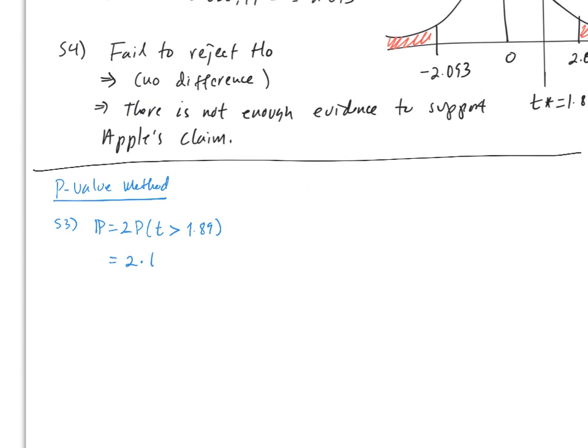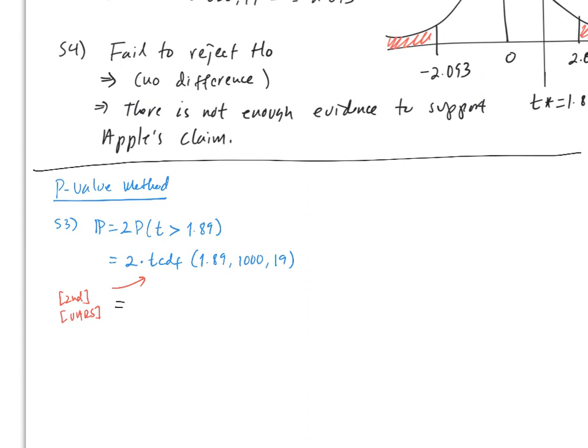If we use the calculator, this is tcdf, 1.89 is the lower bound, 1000 is the upper bound, and 19 is the degrees of freedom. Just in case you forget, in the calculator press 2nd, vars, and then look for tcdf. Remember, you can also approximate this with a table. I'll show you in a little bit.